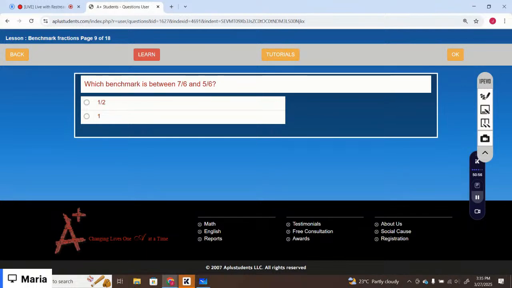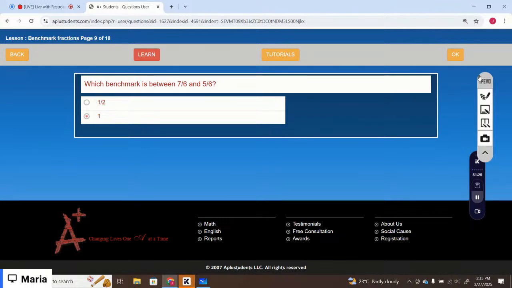Which benchmark is between 7 by 6 and 5 by 6? 7 over 6, numerator is greater than denominator.